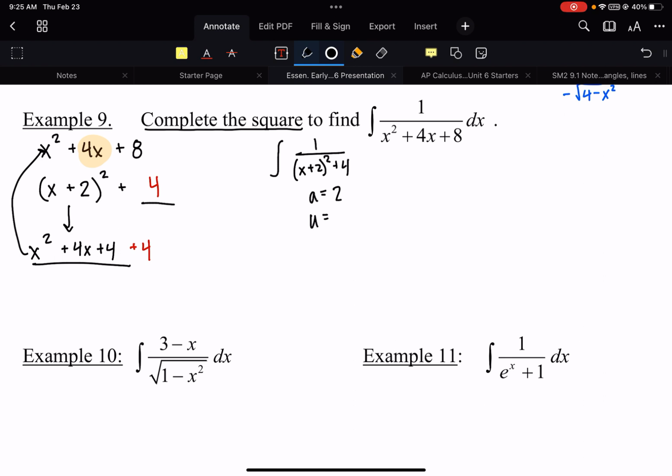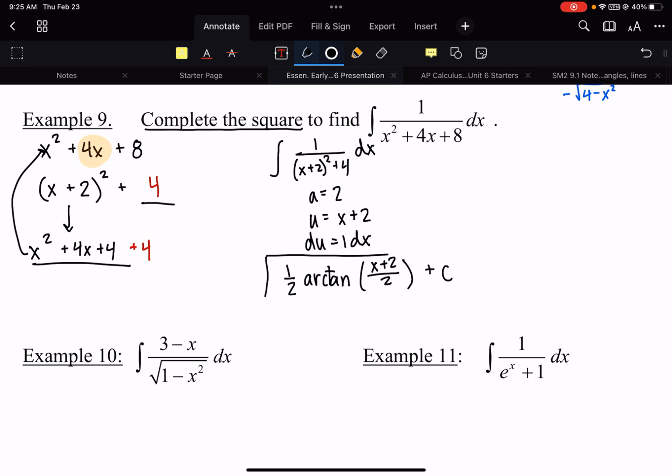My u would be whatever function is being squared, so x plus 2. And then my du would just be 1 dx. And I do have a 1 dx right there in the problem. So I can just go ahead and rewrite this as my final answer. It'd be 1 over a times the arctangent. Whoops, I need the t in there. Of u over a plus c.